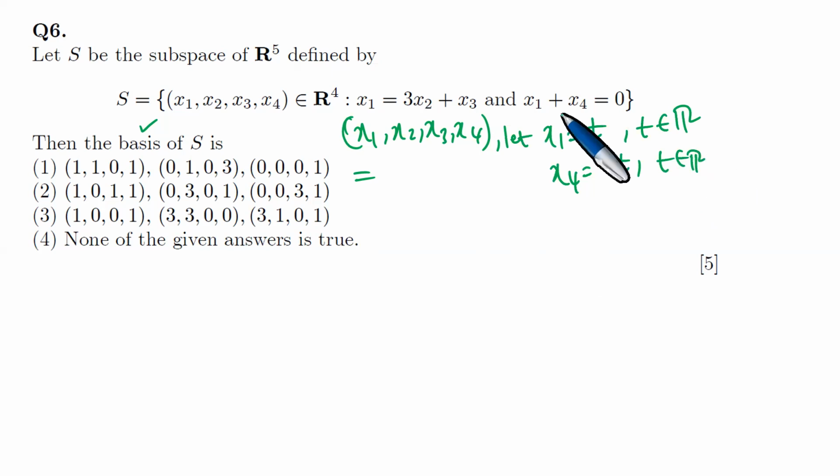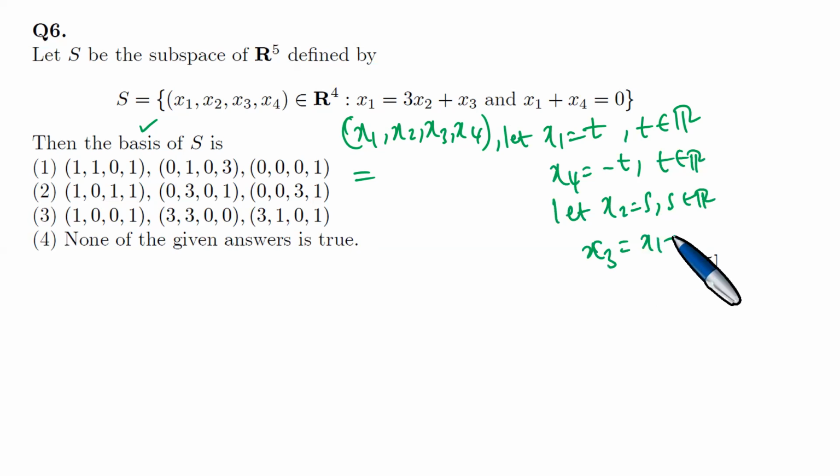We are dealing with this part now. But also if you let x2 be s, what is x3? x3 is x1 minus 3x2 from this.